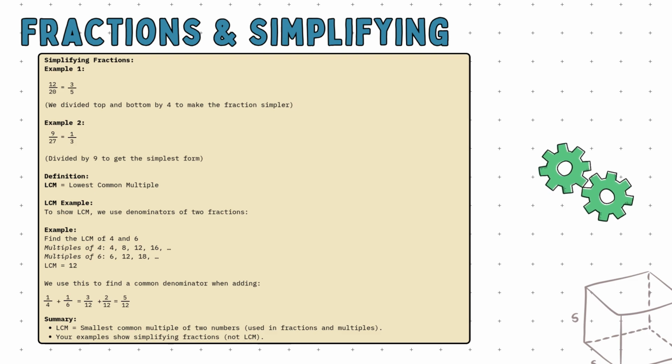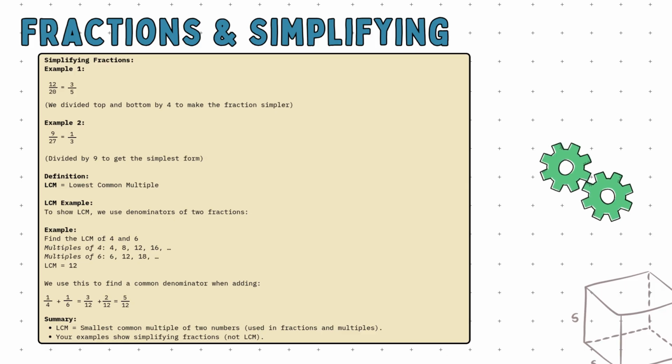So let's quickly summarize this page. The LCM is the smallest number that two numbers share in timetables. We use it to add and subtract fractions with different denominators. Let's look at simplifying fractions. This means making a fraction smaller by dividing the top and the bottom by the same number.